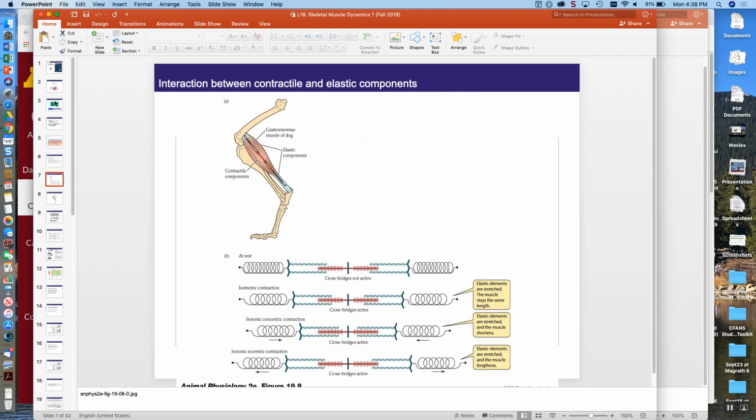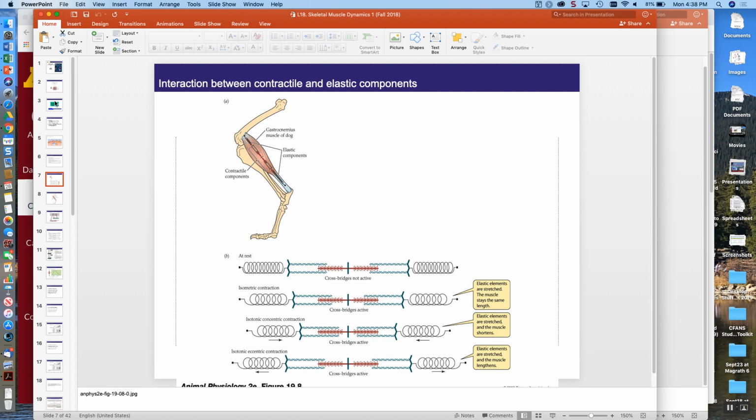Before we get into the 4 different relationships, you do need to know the difference between isometric and isotonic contraction. Isometric means same distance. In this case, you're not allowing the muscle to shorten. If I walk over to the blackboard and just press my palm against it, I can increase the force or tension.